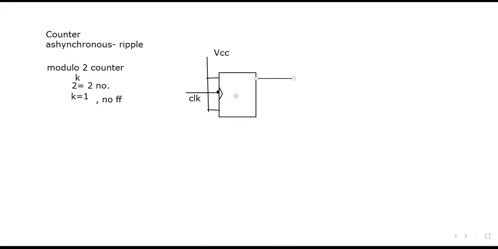And here, rather than Q, we intentionally want a toggle stage, so this is K, and here it is A bar.